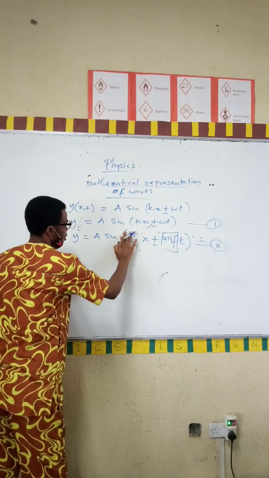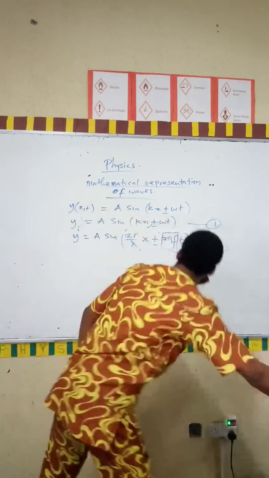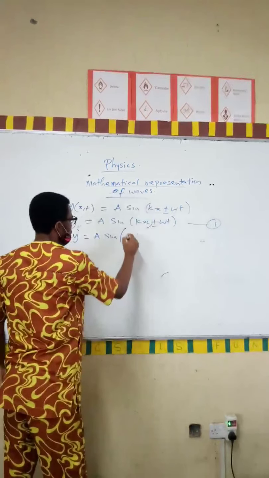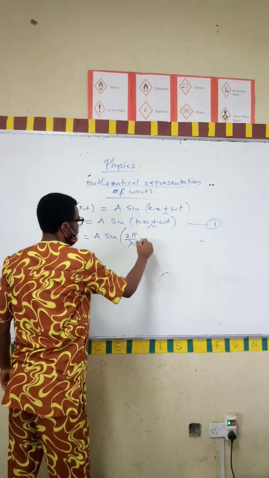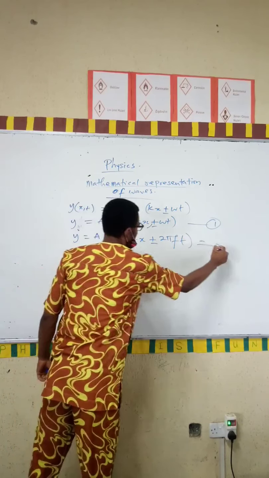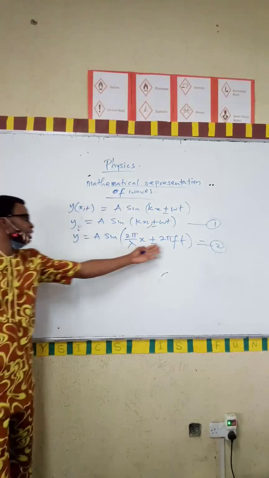Okay, let me copy it again: y = A sin(2 pi over lambda x ± 2 pi f t), equation 2. So I can decide to change this.